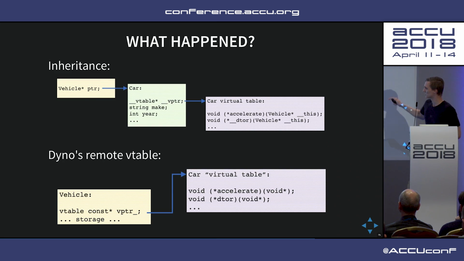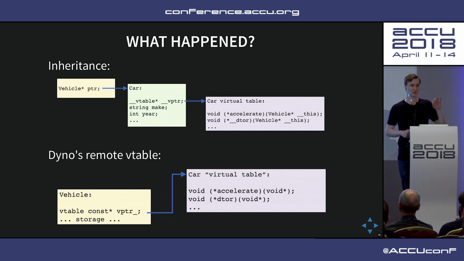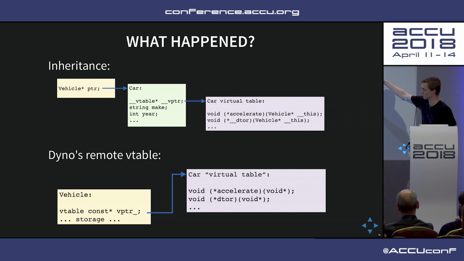And here's the difference. The difference is something that we touched on early on when John asked what was the difference between having two pointers, one to the vtable and one to the data, and one pointer that points to the data plus a pointer to the vtable, right? So in the inheritance case, I have a pointer to my object which has a pointer to the vtable.